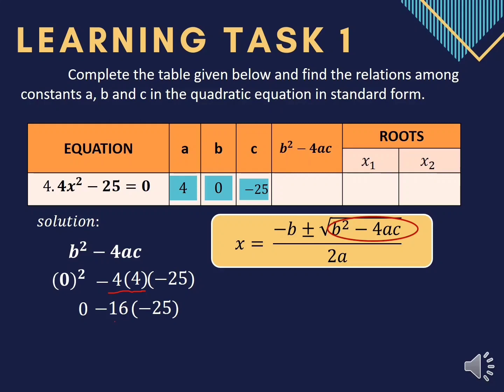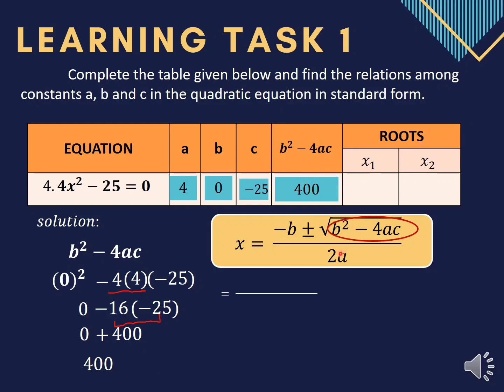Let us continue the multiplication: negative 16 times negative 25 is positive 400. Why did it become positive? Negative times negative is positive. Now, 0 plus 400 is equal to 400. That's the reason why b squared minus 4ac is equal to 400.